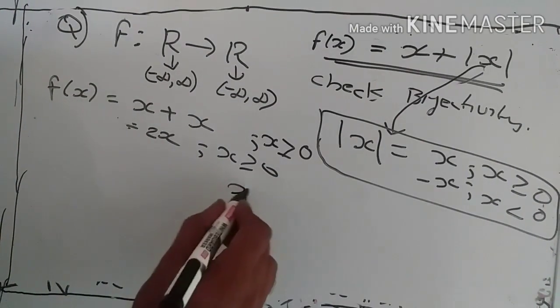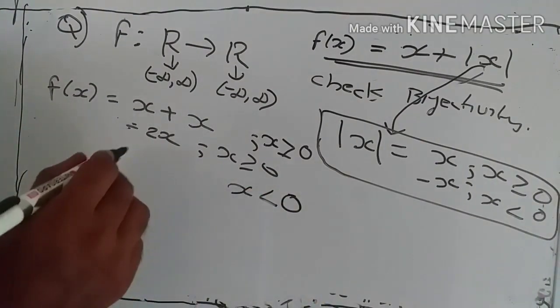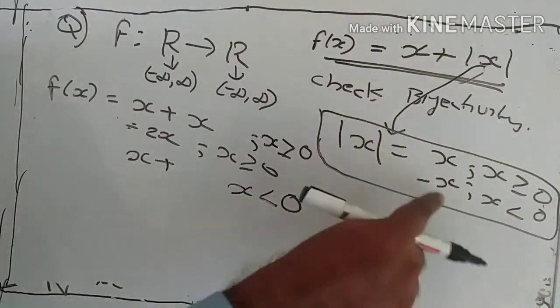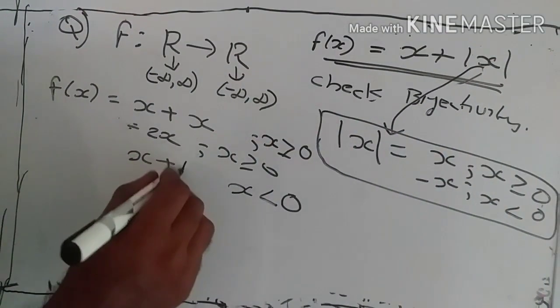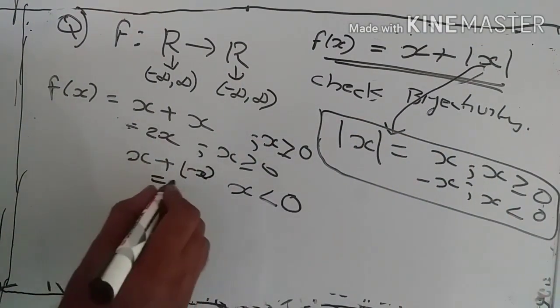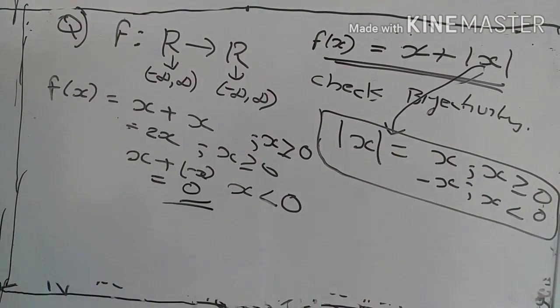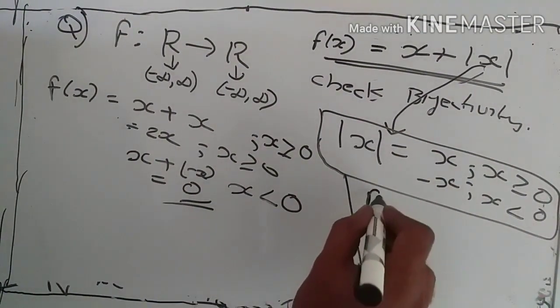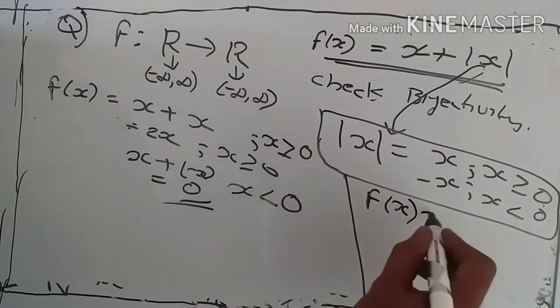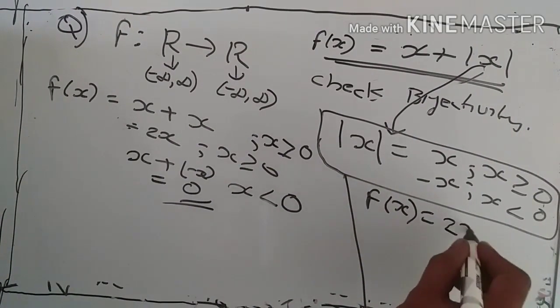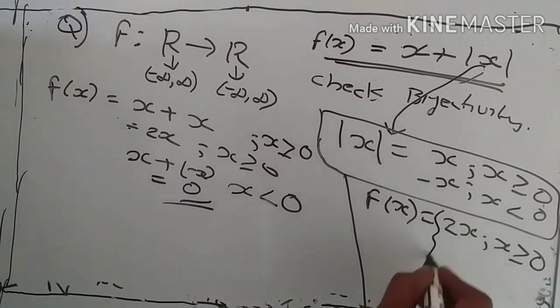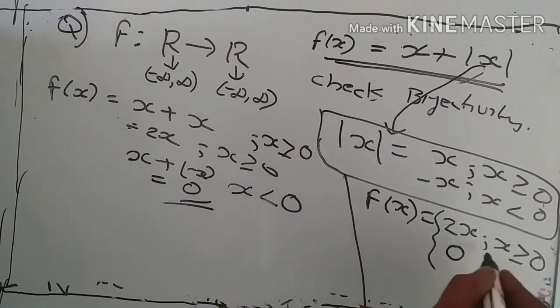And for x less than 0, the function becomes x plus mod x, that is minus x plus minus x... that is, x plus (-x), which is equal to 0. So we can write the given function f of x is equal to 2x for x greater than or equal to 0, and equal to 0 for x less than 0.